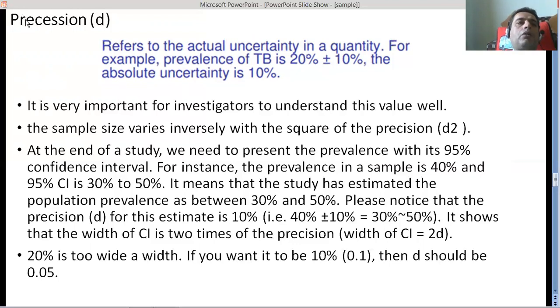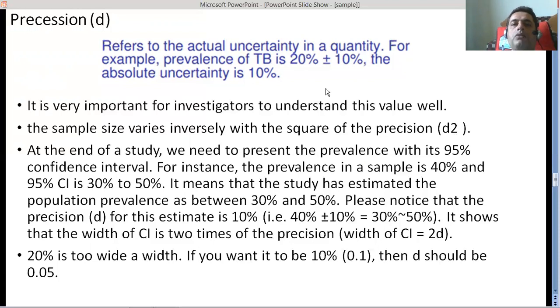So precision D, it is very important for an investigator to understand this value well. You must understand this value well when you are going to calculate your sample size, because the sample size varies inversely with the square of the precision, D2. D2 is below the line in the equation. It means that P and Z values, which are up, would be divided by D2.